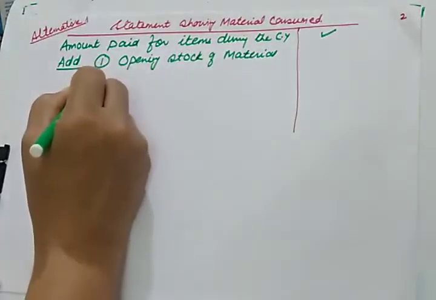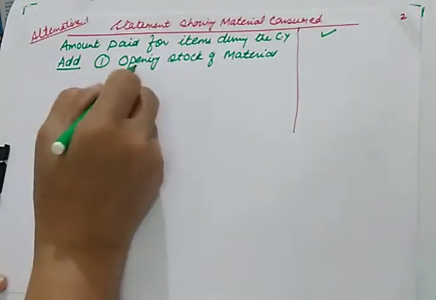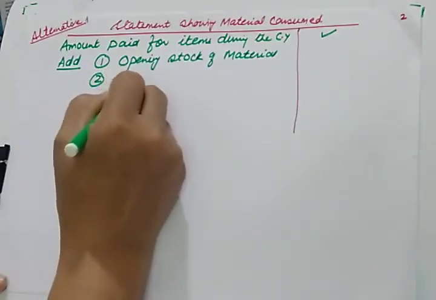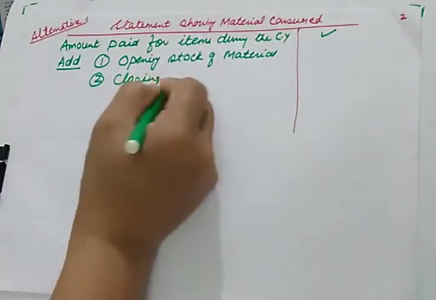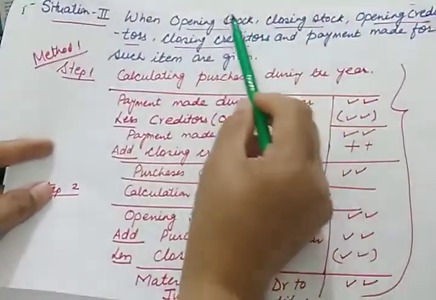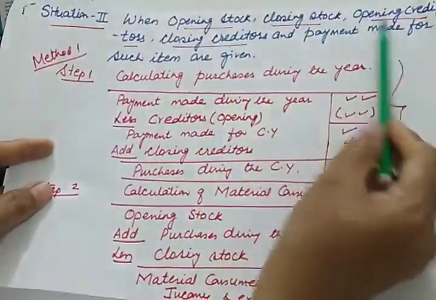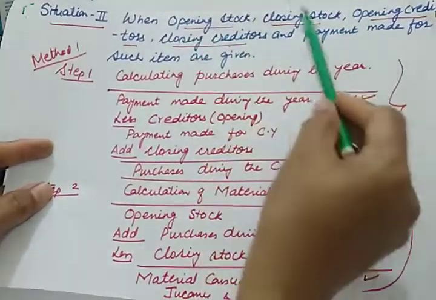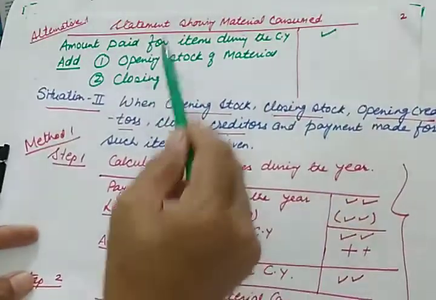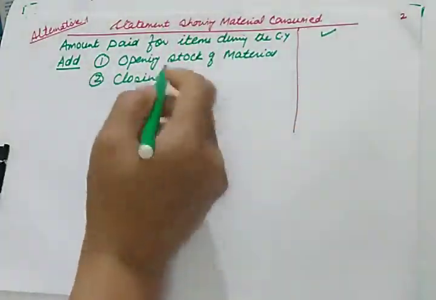And there is one easy way to remember this. Opening stock of material will be added, while the closing creditors, because we have discussed that 5 items are given to us: opening stock, closing stock, opening creditors, closing creditors, and payment. So we have taken payment, opening creditors, opening stock, and closing creditors.